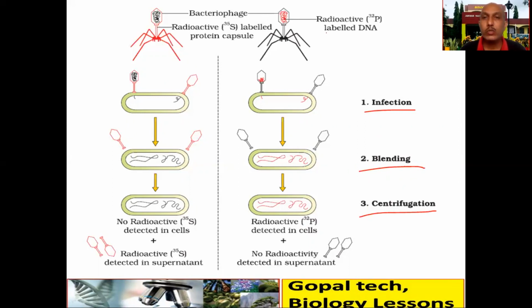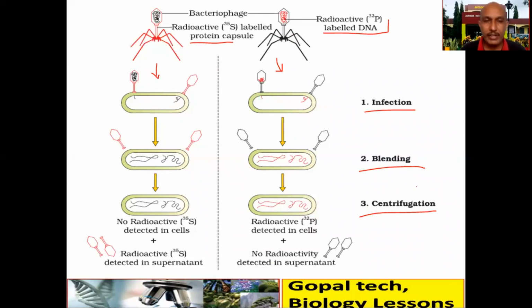Radioactive bacteriophage labeled with radioactive P32 will label DNA. Radioactive S35 labels only the protein capsule, red color. Both bacteriophage are allowed to infect the bacteria separately. Then after infection, they are allowed to blending, that is agitation.